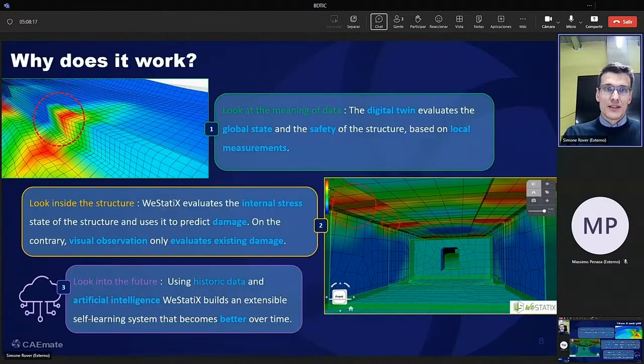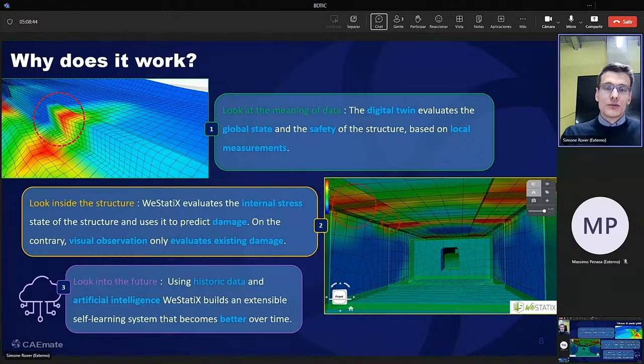But why does it work? It works because it looks at the meaning of the data. It does not simply collect data coming from the site, the structure. It can interpret this data, looking at what is really happening to the structure.